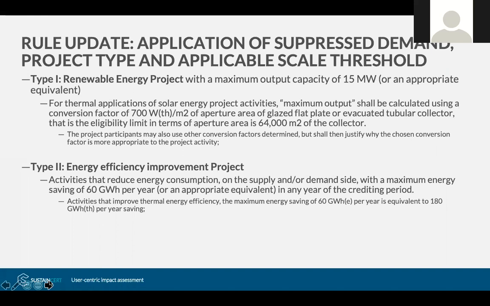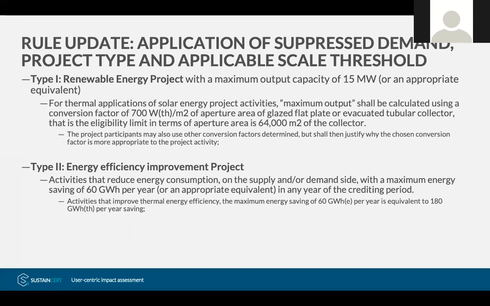If there are other conversion factors which are used or which the project developer wishes to apply, then a justification has to be provided as to why that specific conversion factor is more suitable or more appropriate compared to this default conversion factor.